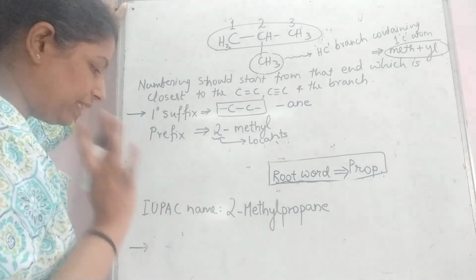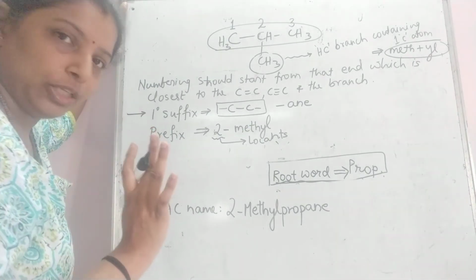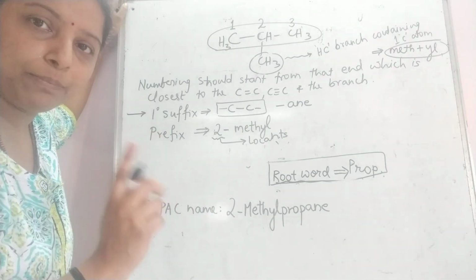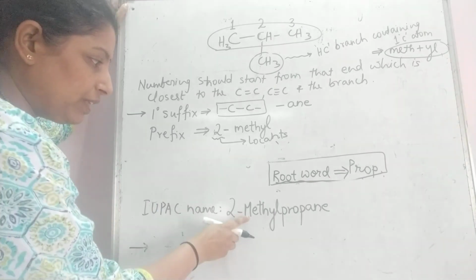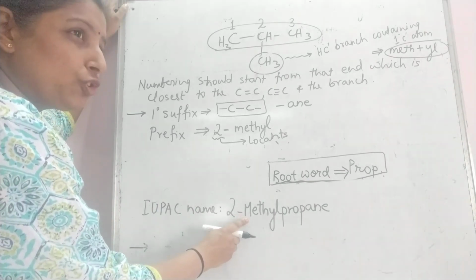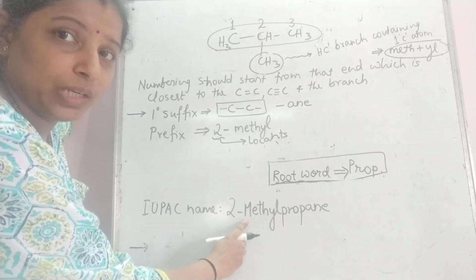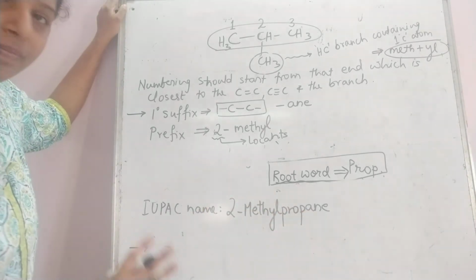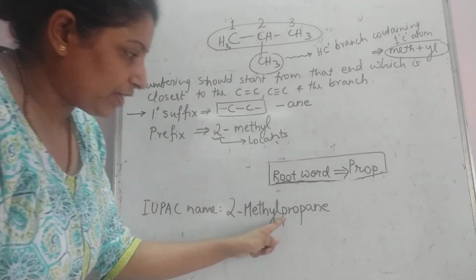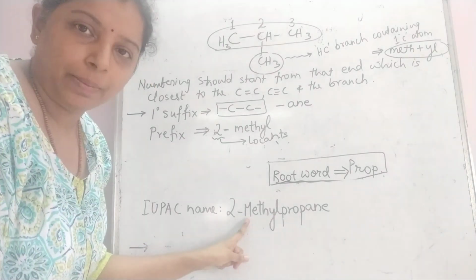Remember that this is a general rule of writing IUPAC name. An IUPAC name should always begin with capital letter, and it should be written as one single word without any gaps in between. Okay, so I have not left any gap, and only the first letter is capital.